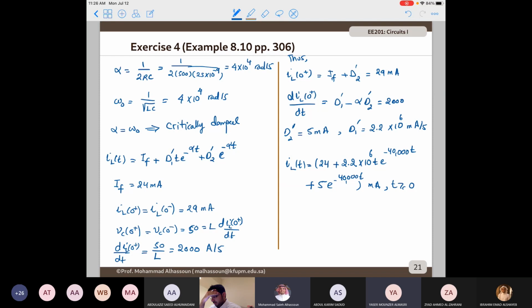Why is it 5 milliampere? Because remember here, if you take this equation, this is the final form of the solution. So we substitute at t equals 0, and you will get IF plus D2. Yes. Okay, thank you.